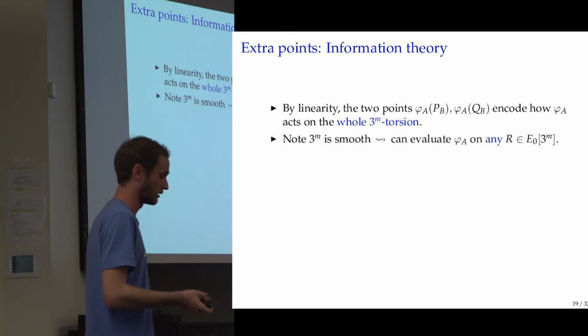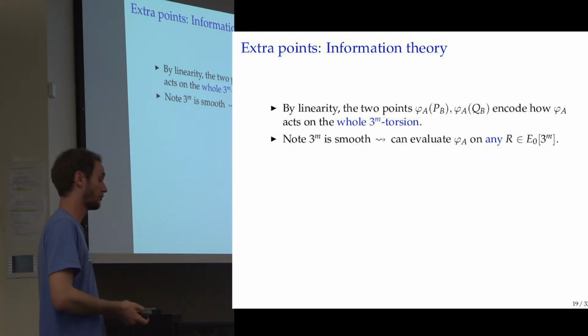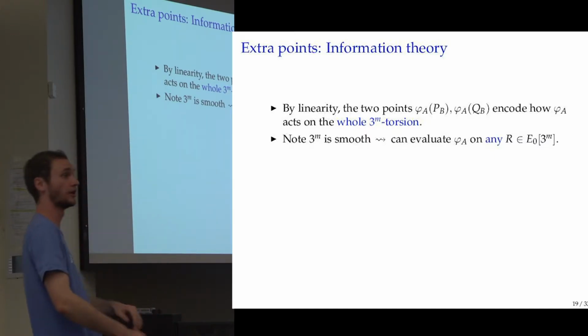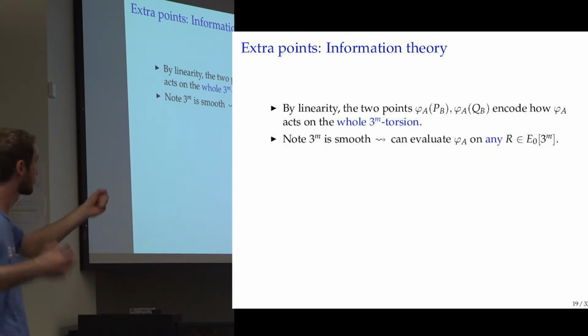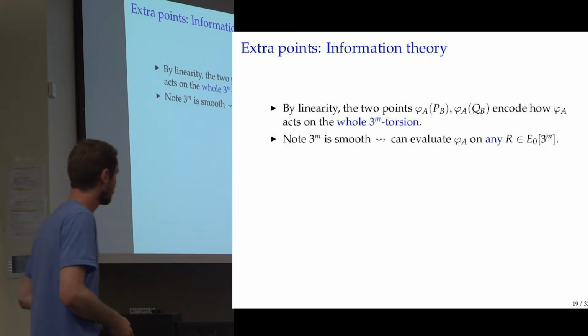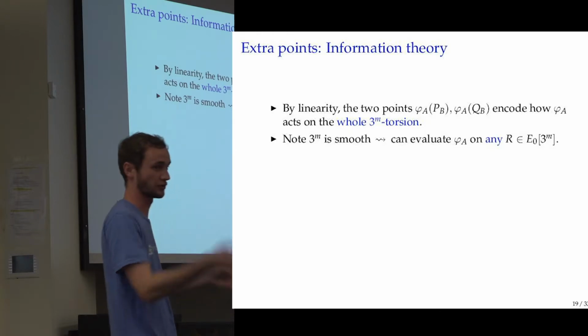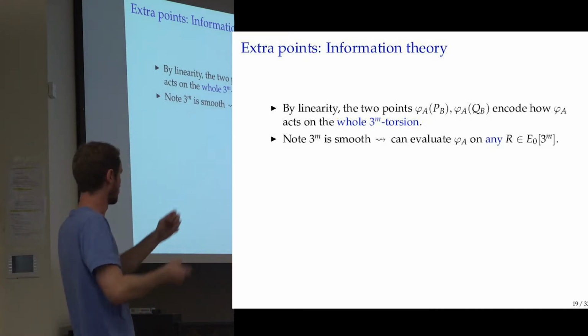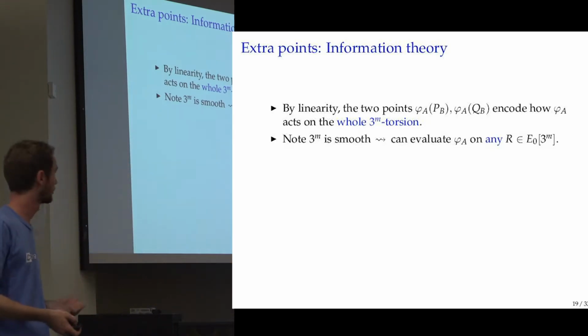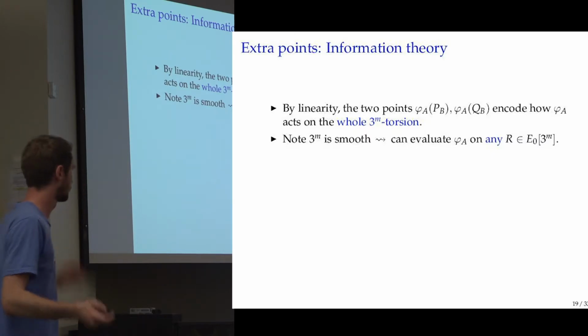The bottom line is you can get not only the action of Bob's secret on two points, but on all of the points that they span, which is much more information. And that works because 3^m is very smooth, so you can efficiently find the right linear combination of the basis that gives you a specific point. So there's a discrete log problem where, if it's smooth, it's easy.